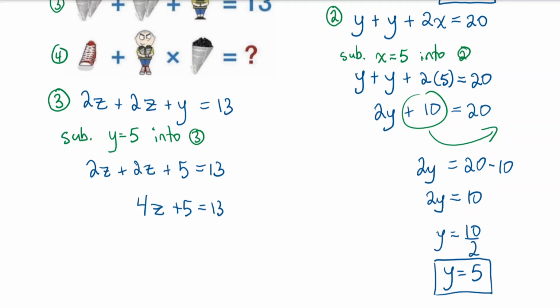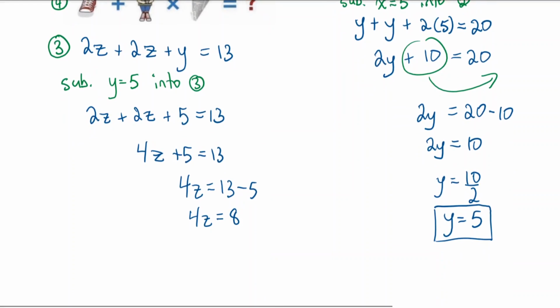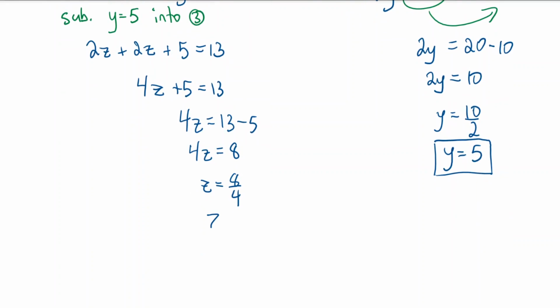So 4z equals 13 minus 5, which gives us 8. Then divide both sides by 4, so we get 8 over 4 is 2. So we've got x is 5, y is 5, and z equals 2.